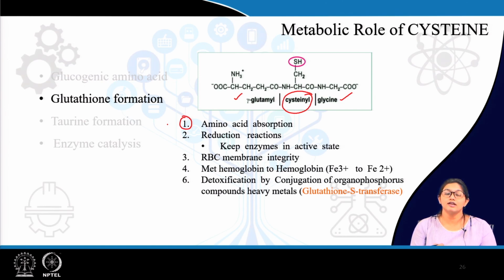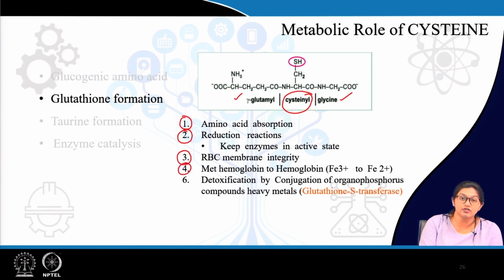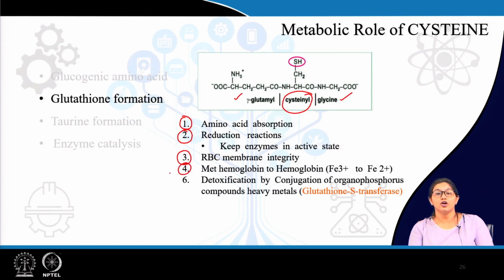Then glutathione is important for various reduction related reactions, and via these reactions various enzymes remain in active reduced state. Then the integrity of the RBC membrane is also maintained with the reducing property of glutathione. Also, this reducing property is important for formation of hemoglobin from methemoglobin.